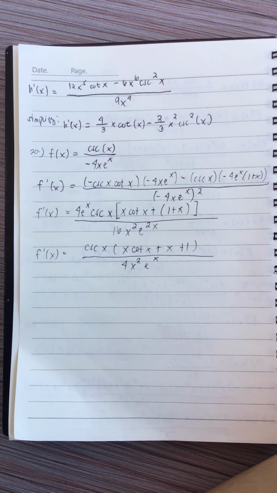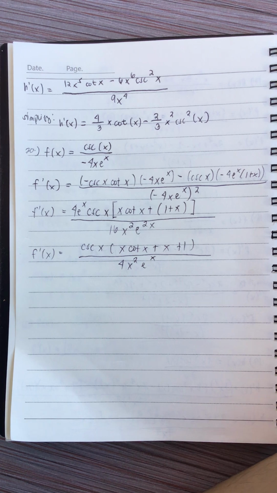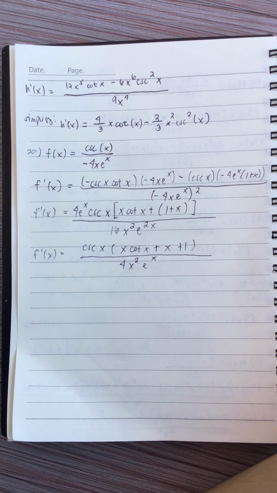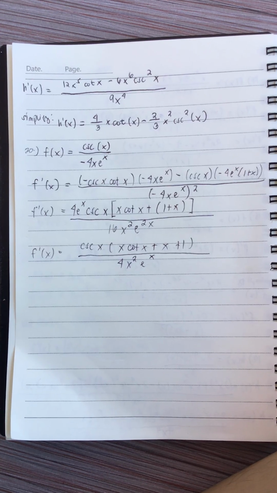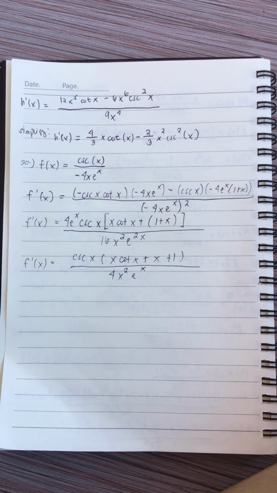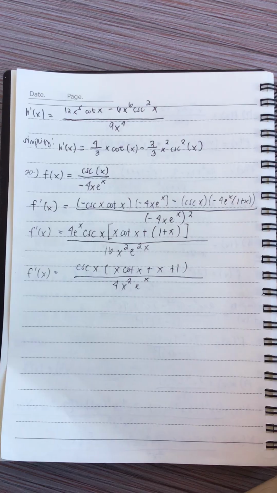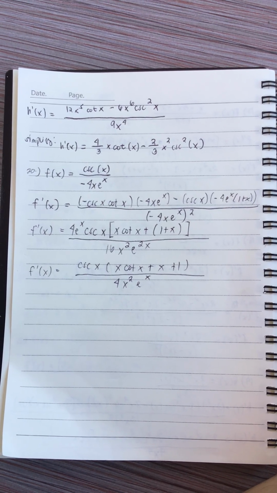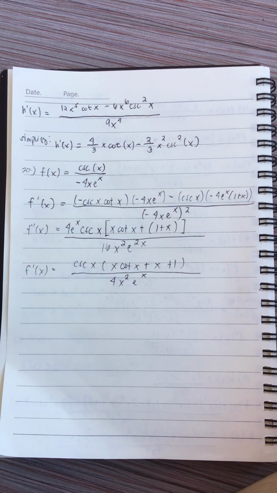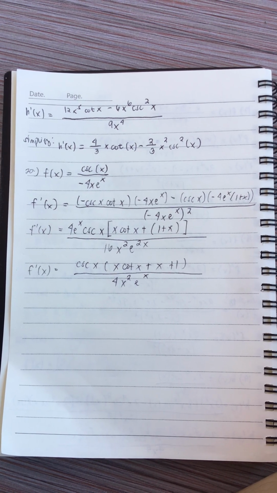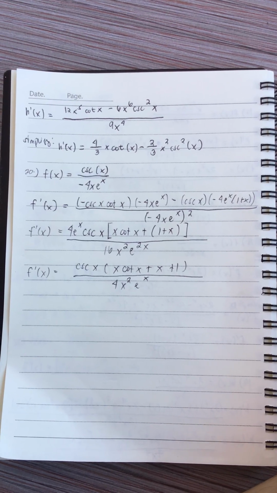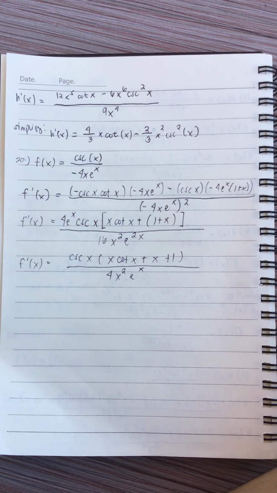Therefore, the remaining terms are CSC x times the quantity of x cot x plus 1 all over 4x squared e to the x. Since 16 divided by 4 is 4, and then x squared is still there, and e to the 2x divided by e to the x is e to the x. So that is why we now have 4x to the power of 2 e to the x as our denominator.